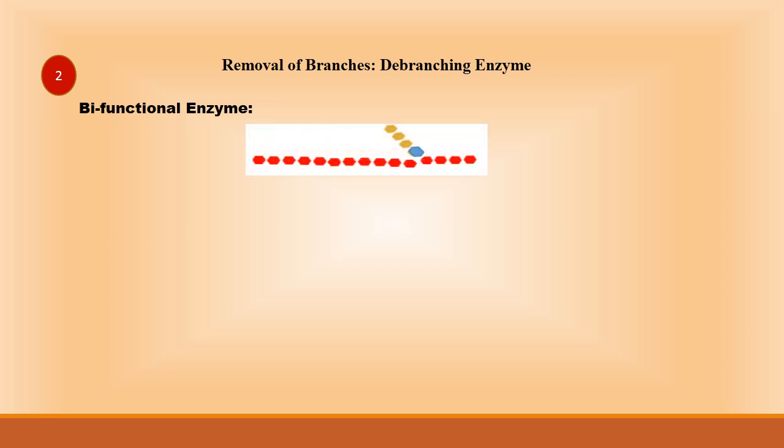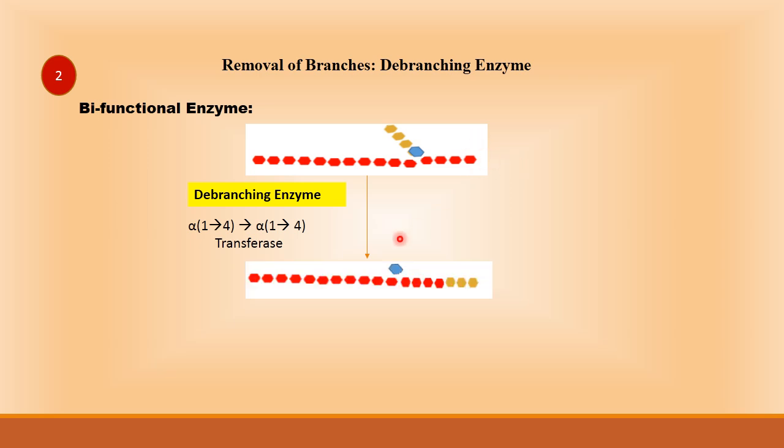In the first step, what will happen? The debranching enzyme will do the action of alpha 1,4 transferase activity. That means it will transfer 3 glucose residues from the branch chain to the non-reducing end of the linear chain, and they will be linked by alpha 1,4 linkage.